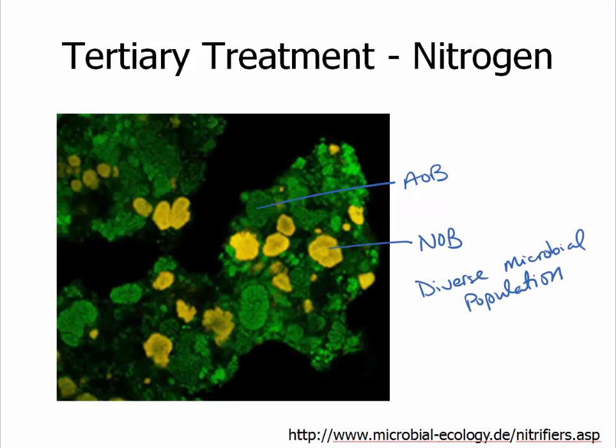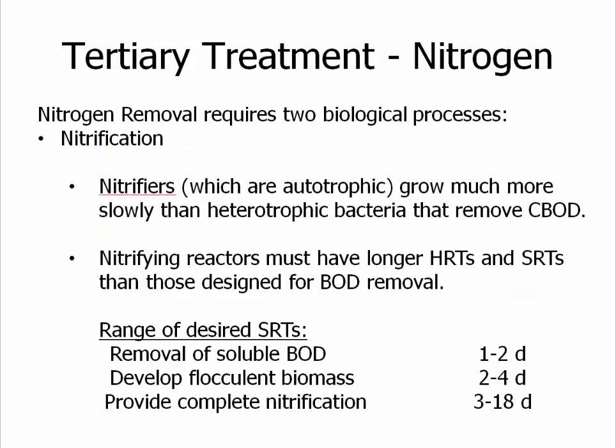One of the challenges with nitrification is that these organisms are autotrophic. So recall that autotrophic organisms utilize inorganic carbon. And these type of organisms grow very slowly in comparison to heterotrophic bacteria that remove organic carbon.